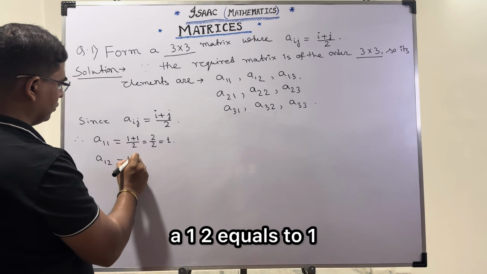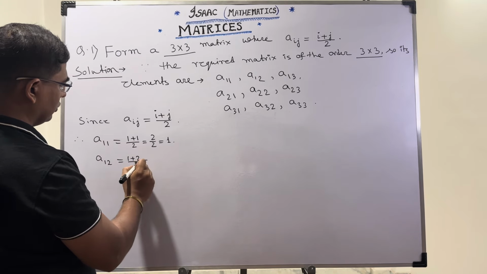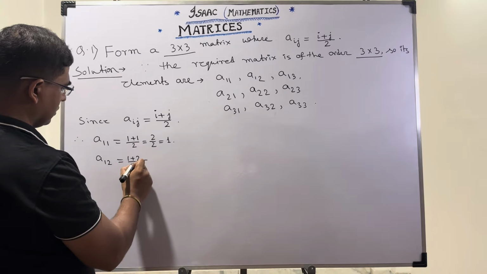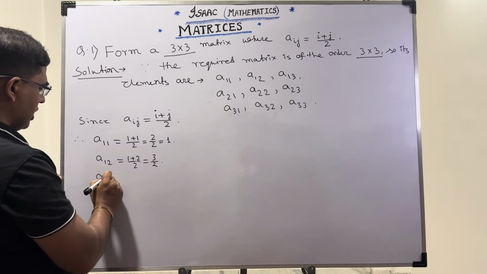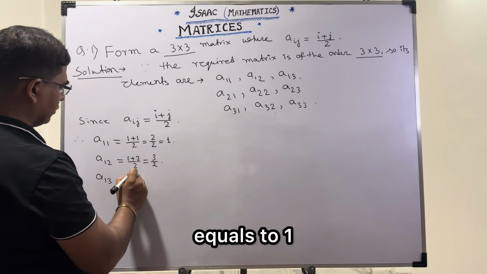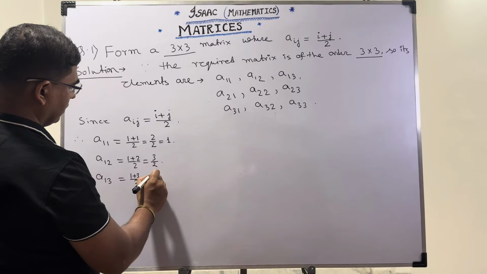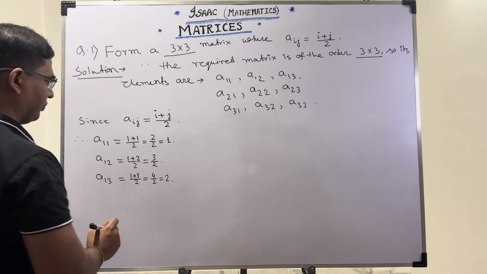A12 equals to (1 plus 2) whole divided by 2 equals to 3 by 2. A13 equals to (1 plus 3) whole divided by 2, that is 4 by 2 equals to 2.